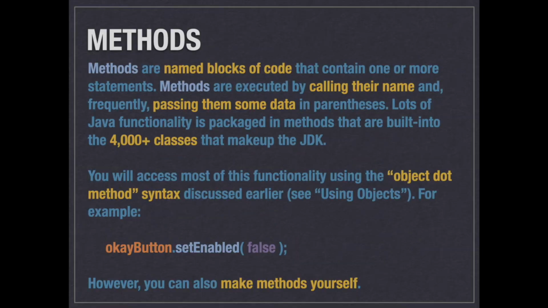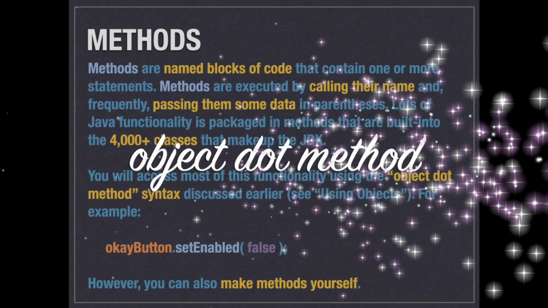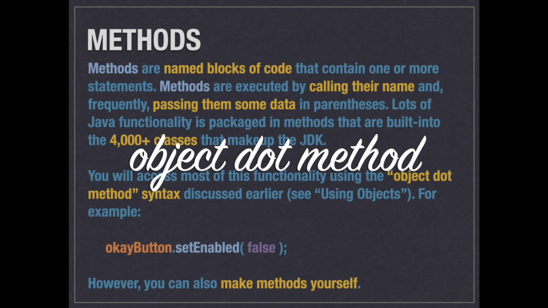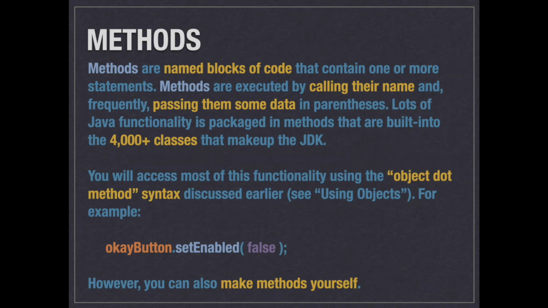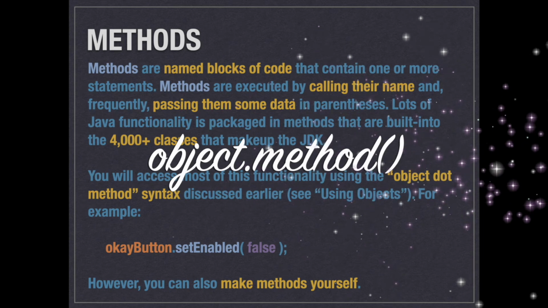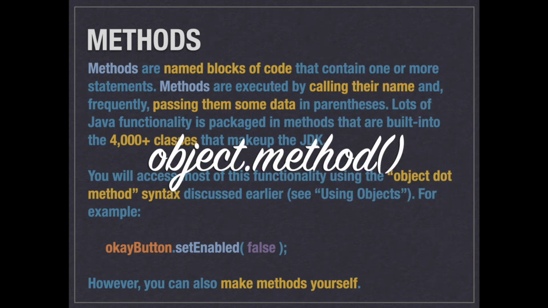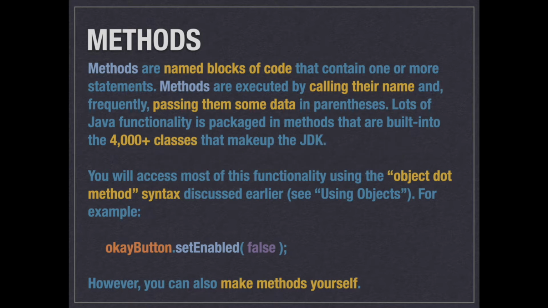Like I said, there's a ton of built-in methods in Java. We will frequently use them using what's called an object.method syntax, which is we'll address an object that we've created in our program and then use a period or a dot to access methods that are built into that object. Just as an example of one we'll be using in Chapter 3, we're going to create a button which comes from the JButton class. We're going to call it OKButton, but we're going to disable it so that it can't be pressed until something else happens on screen.